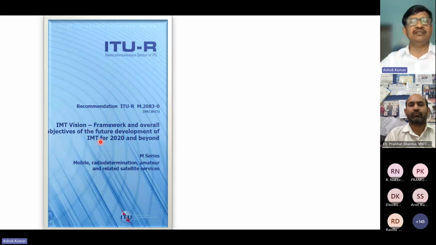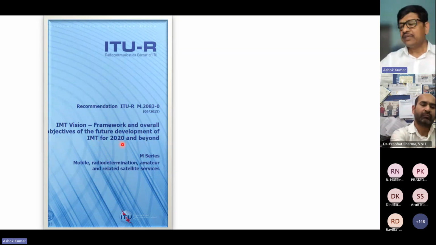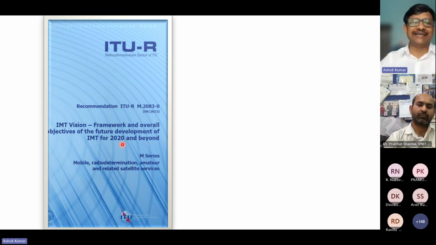They have given the framework and overall objective of IMT-2020. IMT-2020 is the name given for 5G by ITU. ITU does not call it 5G or 6G; they have a different name. So IMT-2020 is the name, and the commercial name, as we know, is 5G. This document gives the vision and framework of 5G.